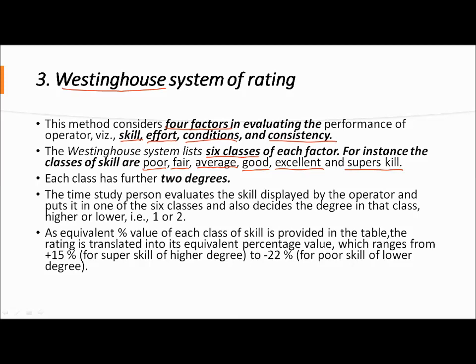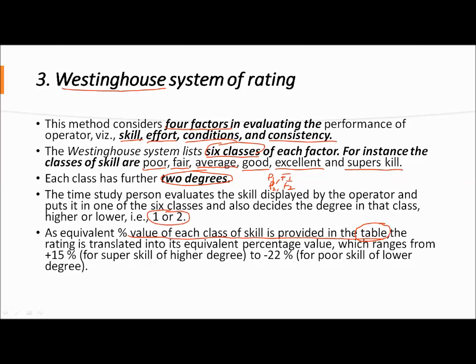Okay, so again, these 6 classes can be divided into 2 degrees, and the degrees are rated in terms of 1 or 2. That is, poor degree 1, say for example P1, and fair F1, etc. Similarly, poor degree 2 and fair degree 2. So this is how you classify. And this particular skill set has an equivalent percentage value for each class of skill provided in the table.